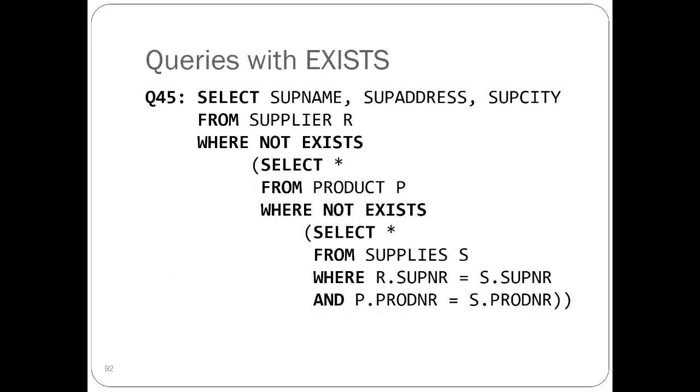Now this is a very interesting query, which highlights the usefulness of not exists. You probably followed the use of exists in the previous example, and you'd wonder why we would be worried about not exists. Exists makes a lot of sense, but what is the role of not exists?